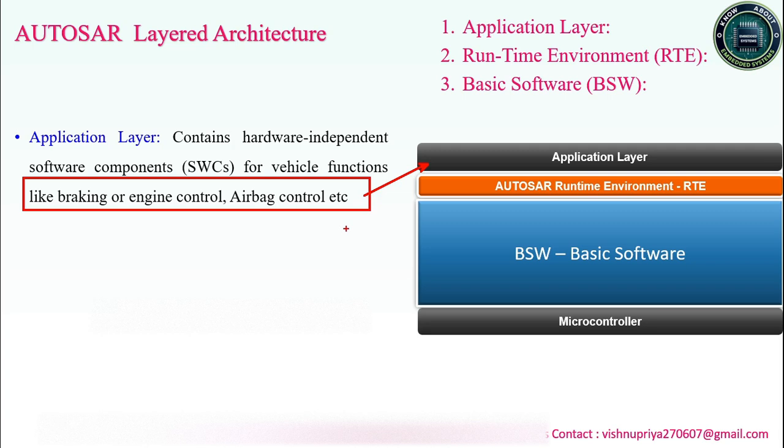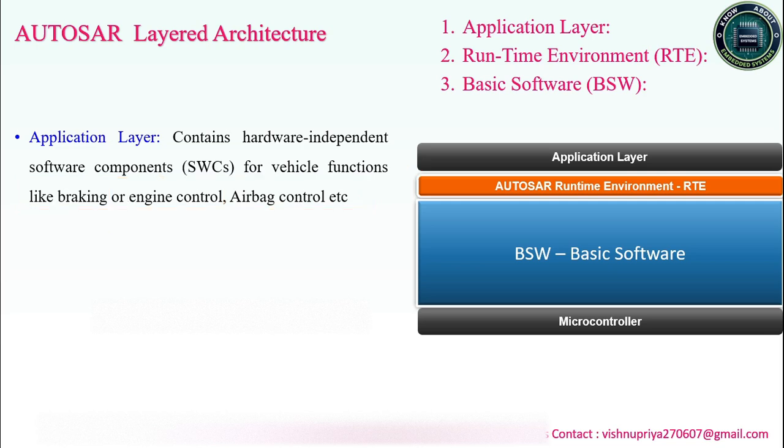So if my application is an airbag, I'll be developing software specially for airbags. If you're developing an engine control unit, I'll be developing application for engine control unit. And if you're developing your application for braking, I'll be developing software exclusively for your braking system. Like this, application layer means a software layer which is exclusively defined for your application. Okay, is called as application layer.